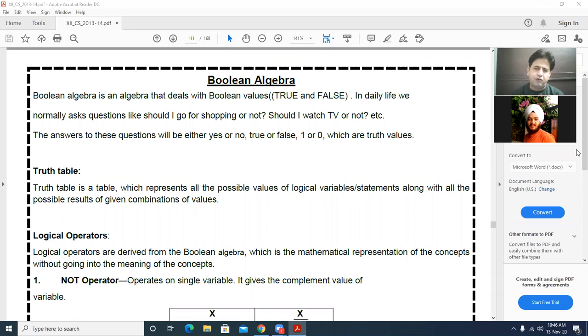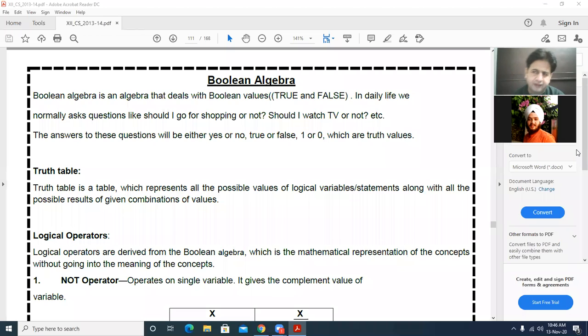So the values true and false are called Boolean values. These two values represent yes or no, 1 or 0. So that is why Boolean algebra.